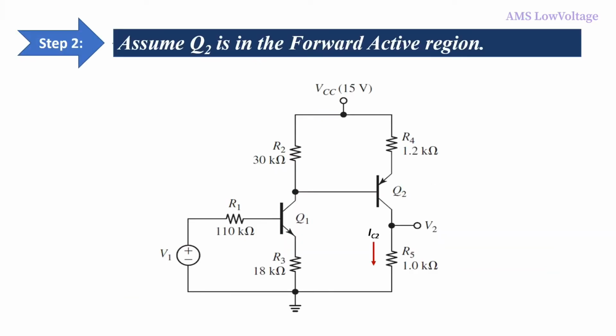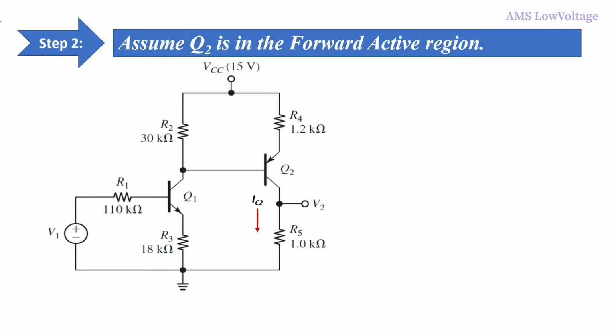Step 2. Assume Q2 is in the forward active region, and then we can find the emitter current IE2 equals IC2 divided by alpha F2.